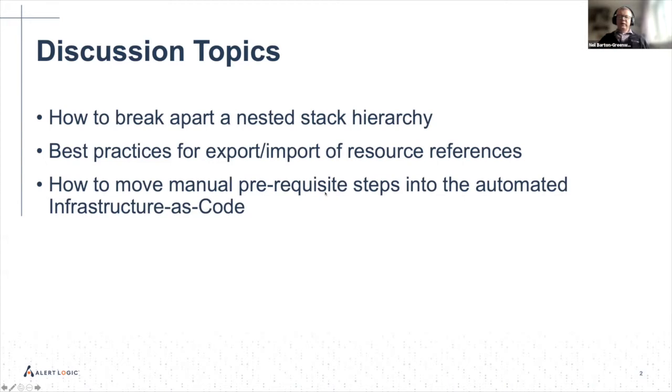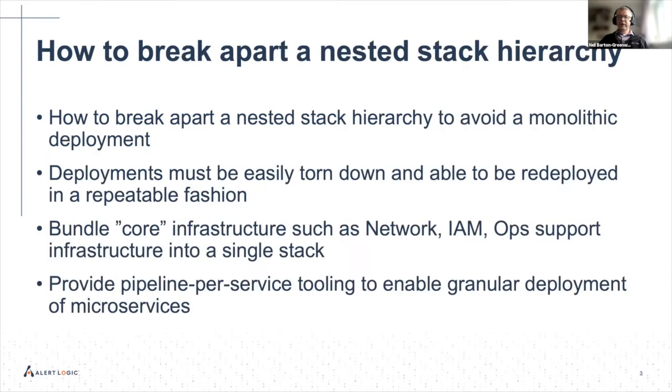So we re-engineered that into a slightly better structure, and we're going to discuss how we went through those steps. Then we're going to talk about some best practices around how you can link different hierarchies by exporting and importing resource references. And then finally, we had some manual steps to stand up the environment, and we'll talk about how we automated those to take out the manual interaction.